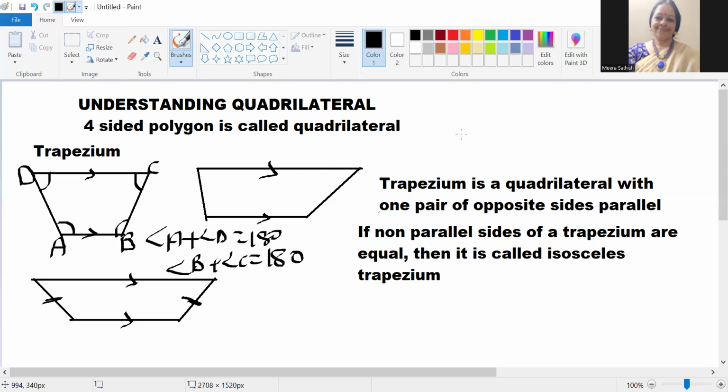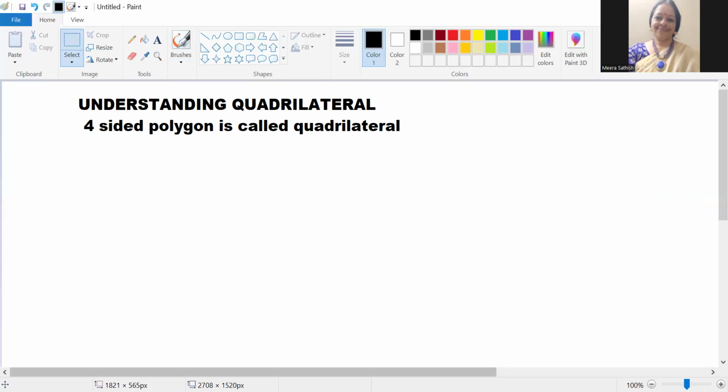The next member in the quadrilateral family is kite. You are all very familiar with kite. You have all played with kites, so you know. Let us see. First I will draw the figure, then I'll explain it.